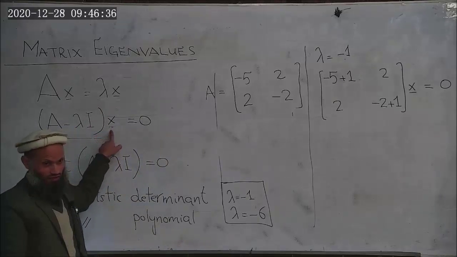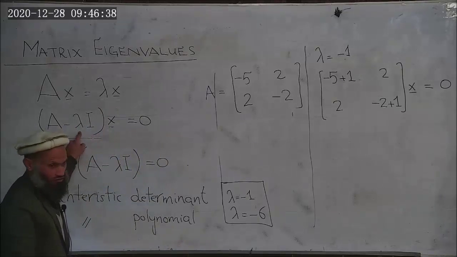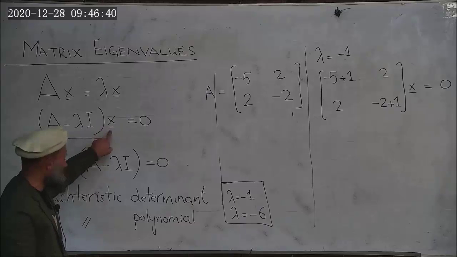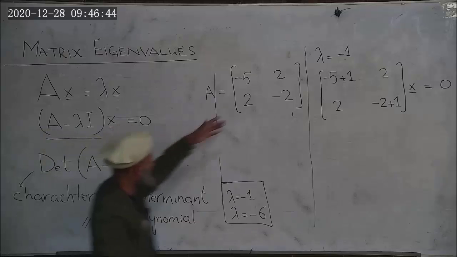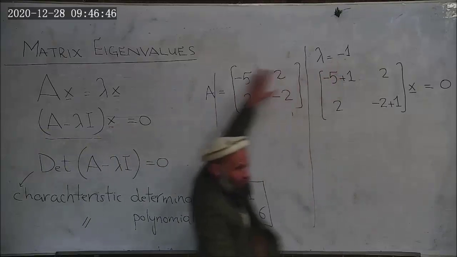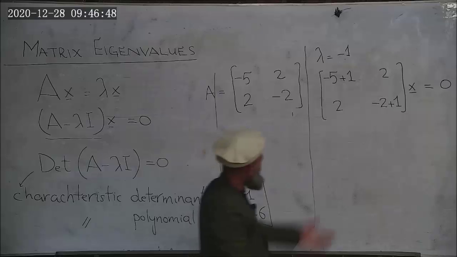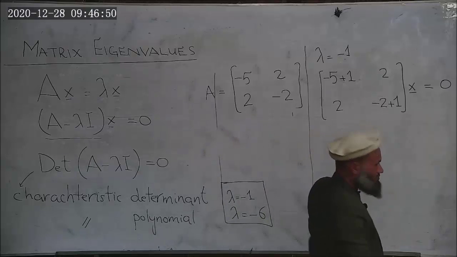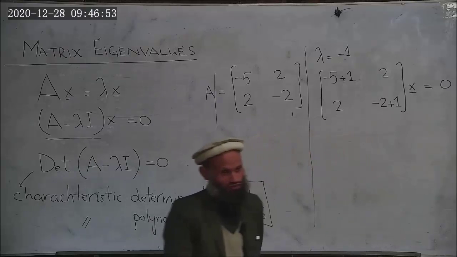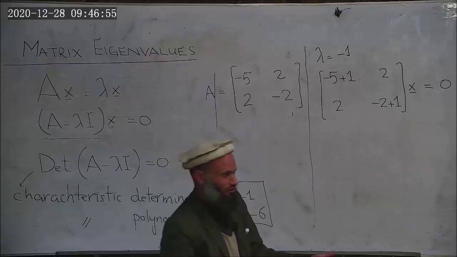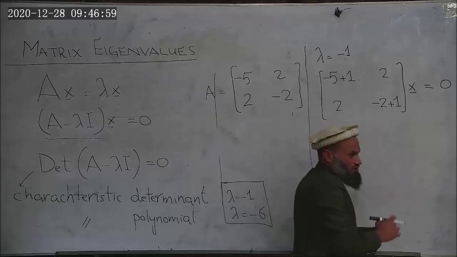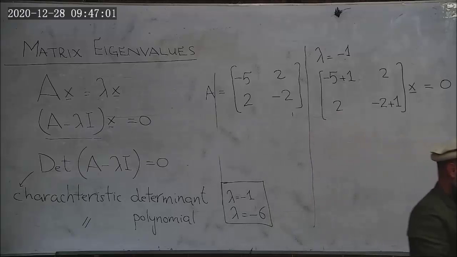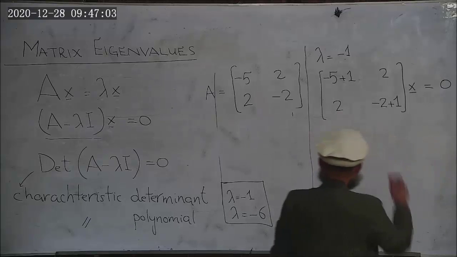X is the eigenvector. We have already found the eigenvalues. We want to find the corresponding eigenvectors. For that purpose, we have simply substituted this value over here, and then you know how to solve this system of equations. How do you solve this system of equations? Several ways. You, for example, reduce this matrix into echelon form and then find the solution.